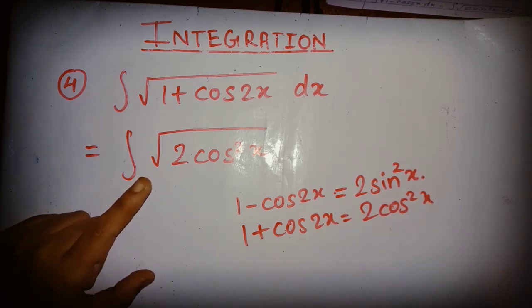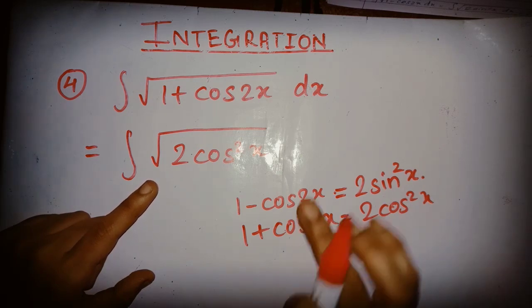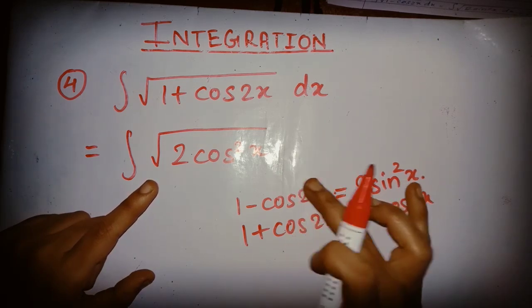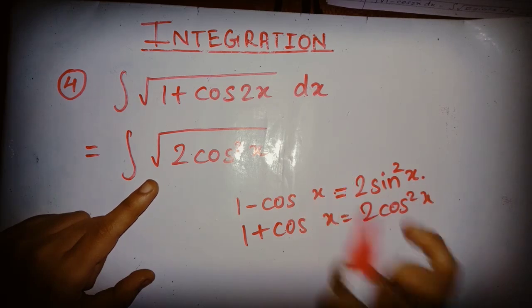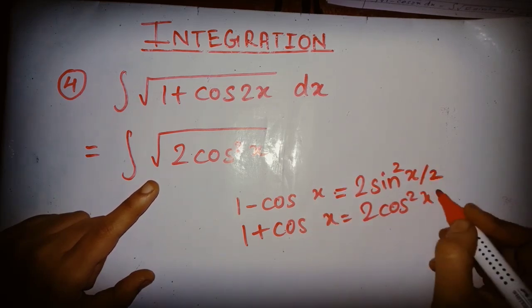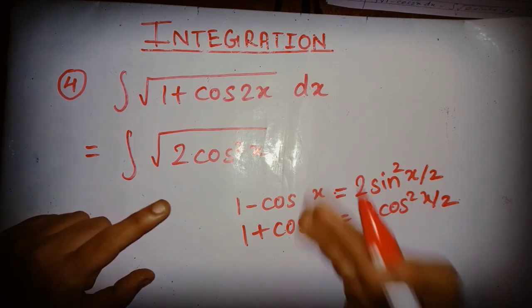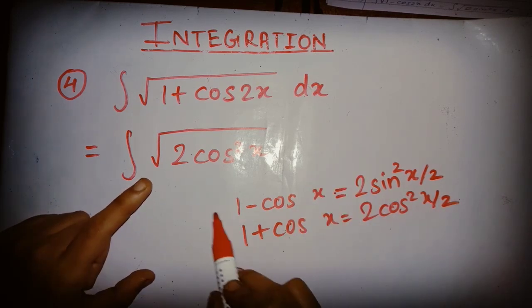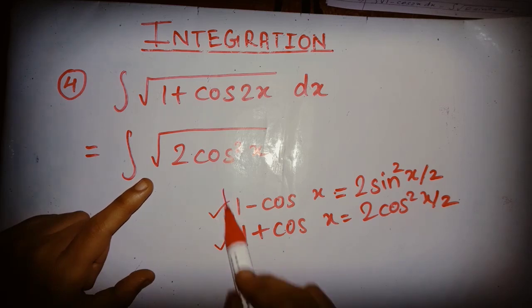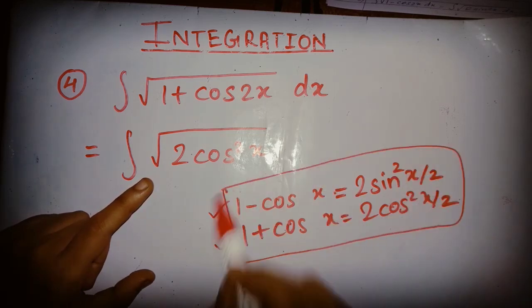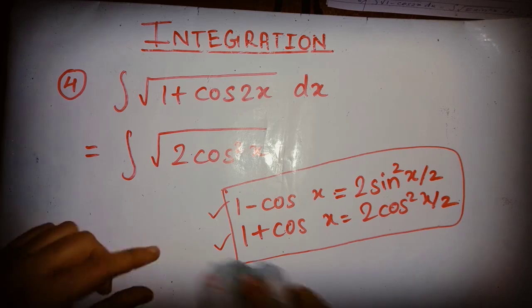In the same way you have the half angle formulas, means if you divide by 2, then you will get the half angle, that is x by 2. Sometimes they ask questions in this form also, so remember this.